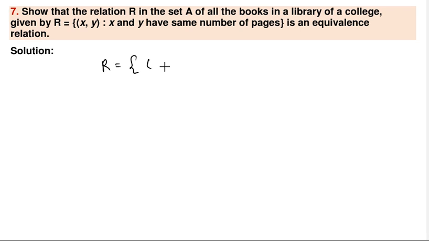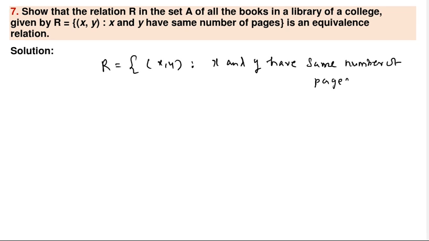The representative ordered pair of the relation is (x, y), where x and y have the same number of pages.